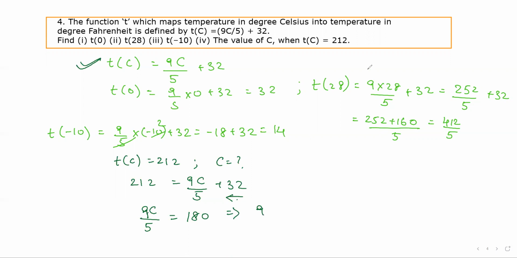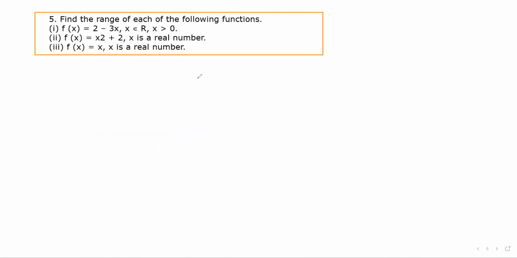You can cancel it out here. It's a so 20. Means your C value is equals to 20 into 5, which is equals to 100. The value of C is 100 when T of C is 212.